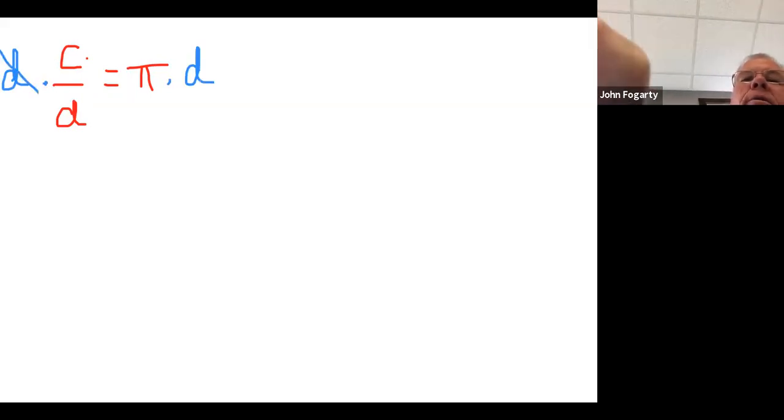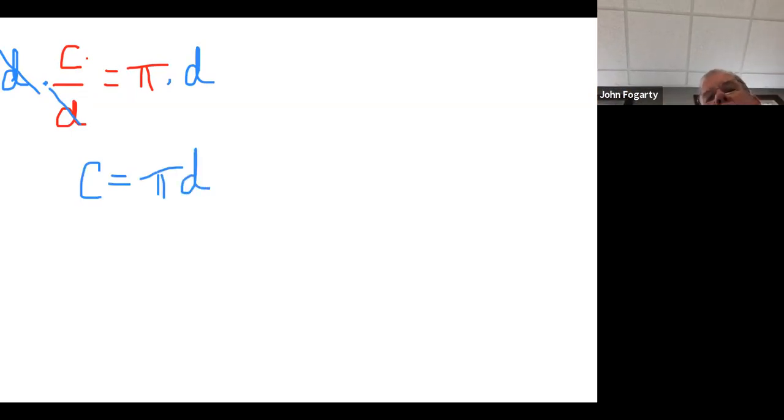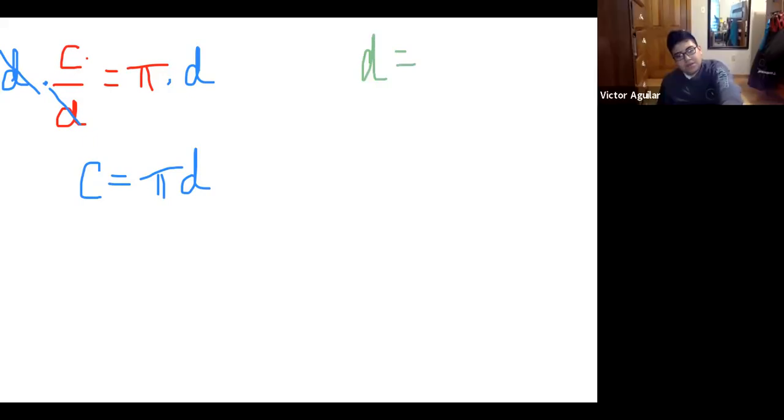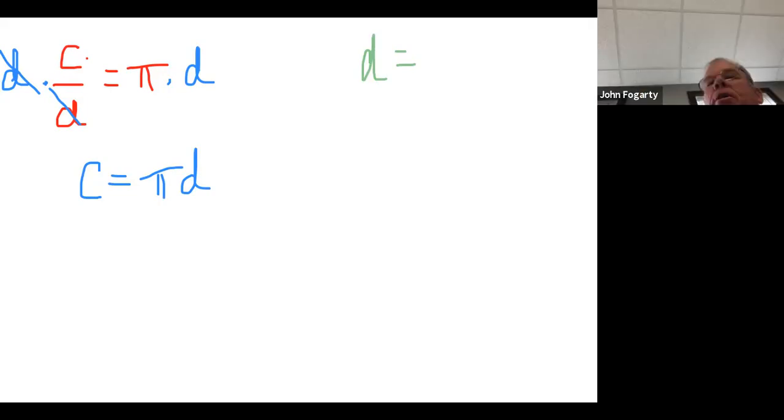They would cancel, and I'd get C equals pi D. Now you have your formula for circumference: C equals pi times D. Now, let's see who's thinking. What did we say D was? What's the other segment we talked about earlier? Radius. What's the relationship between D and the radius?